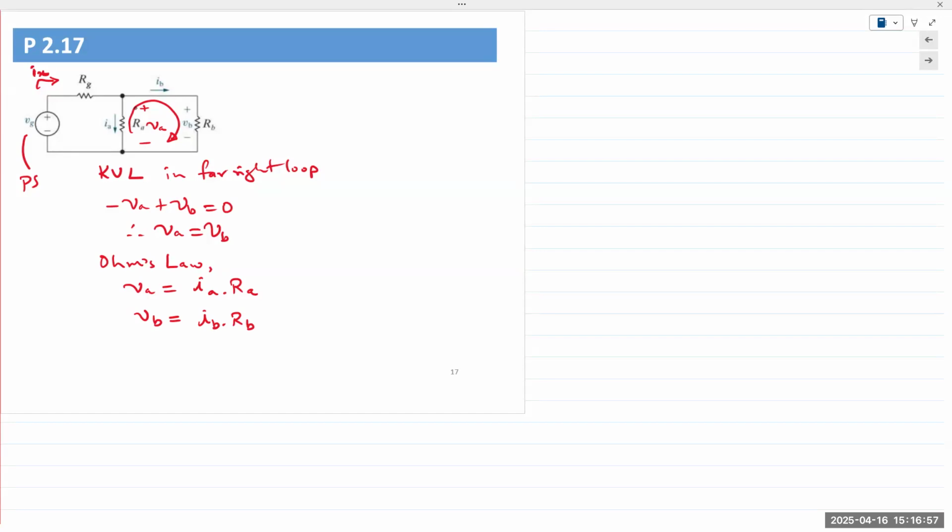But VA is equal to VB. So I can substitute either one in the other equation, and I can find IA in terms of IB or find IB in terms of IA. Because VA and VB are equal, we can equate these two together.